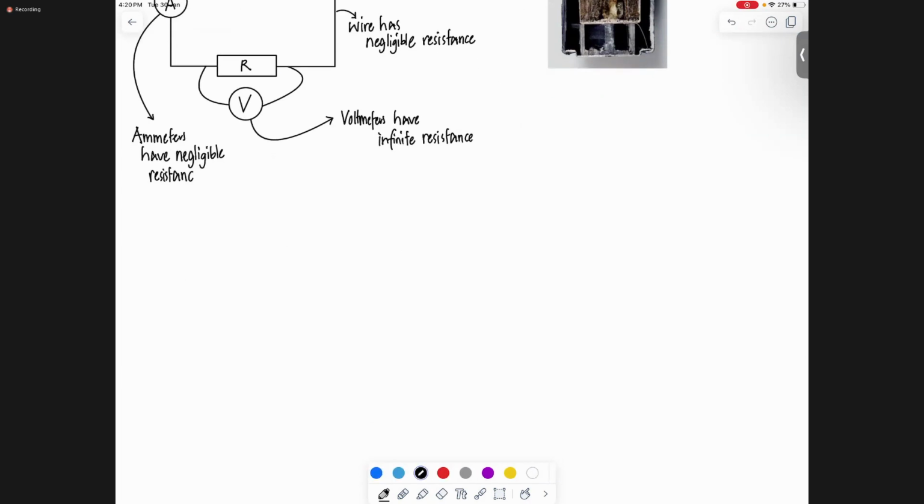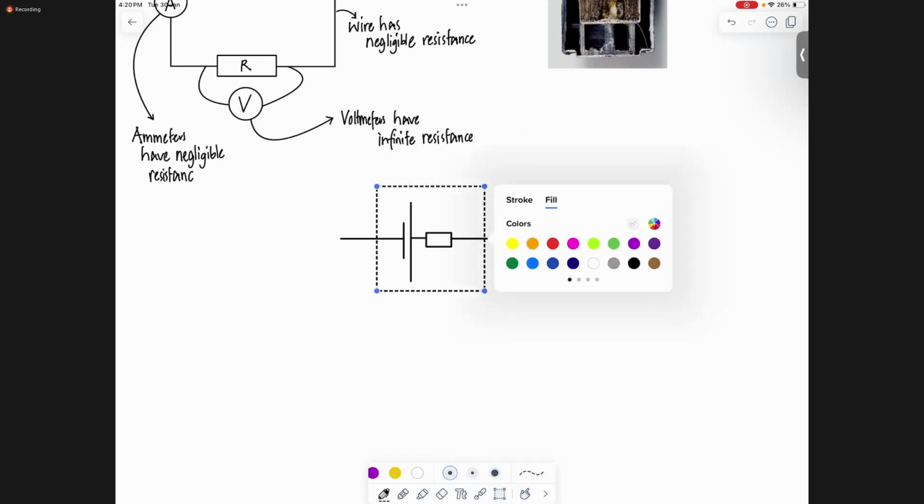The solution is we will now redraw batteries in a different way. আমরা আবার battery ওভাবে draw করব না। The battery's correct symbol is basically you draw a battery, and ওইটার পাশে you draw a small resistor, and you circle this whole thing in a dotted line. This is the correct symbol for a battery.